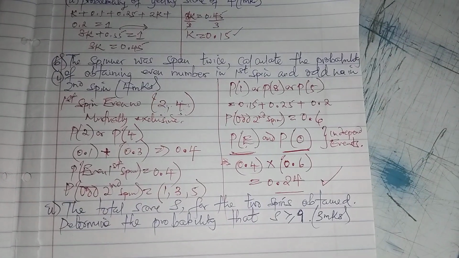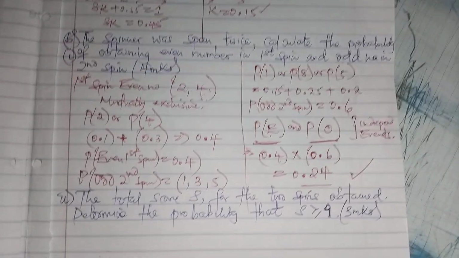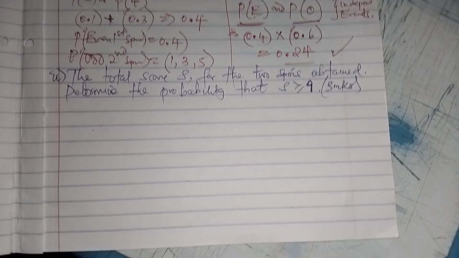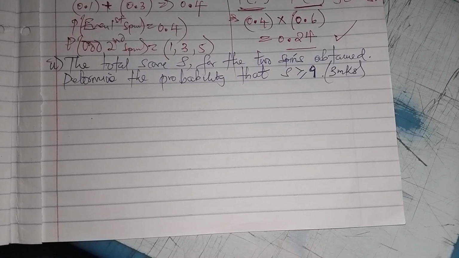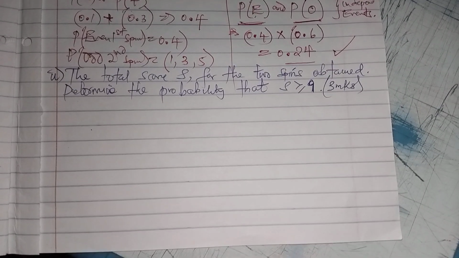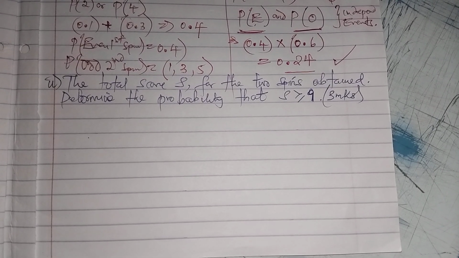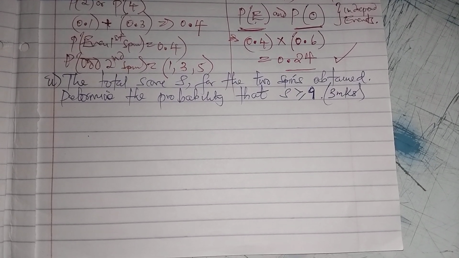Now after finishing that, the last part, they were asking about the total score S for the two spins obtained. Determine the probability that S is greater than 9.